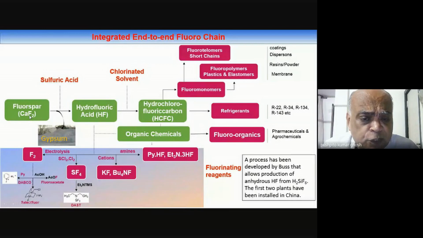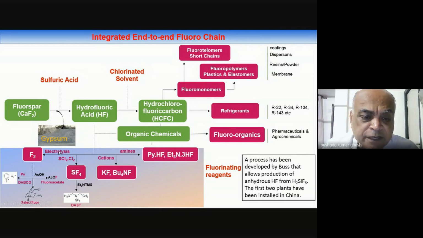India imports a huge amount of fluorspar, maybe about 120 lakh tons of this, and then you react it with sulfuric acid, you get gypsum from that, and you get anhydrous HF. And that HF is the one that is used to make all these. There's also some work where you can use other kinds of fluorinating agents, including fluorine F2, which is obtained by electrolysis.